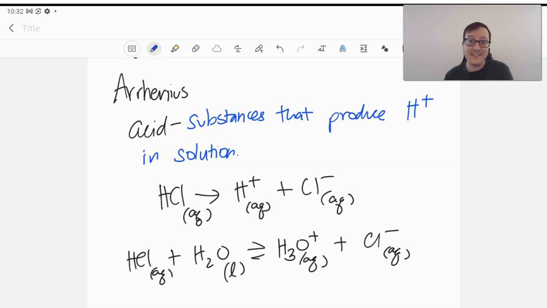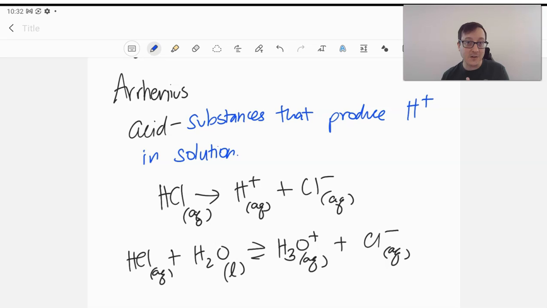And just as chemists, H3O plus is a more physically accurate representation of what's happening with an acid. Acids will form H3O plus in solution. That's a bit more accurate because we don't really see H plus ever floating by itself. It is just a proton, right? A hydrogen atom is a proton and an electron.